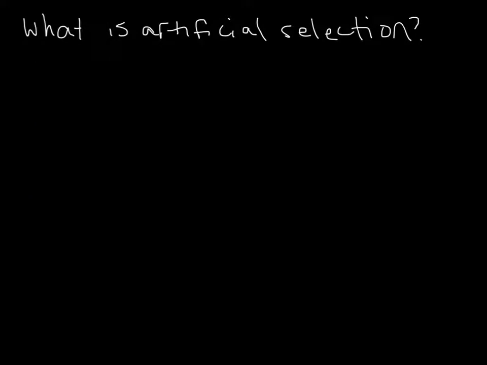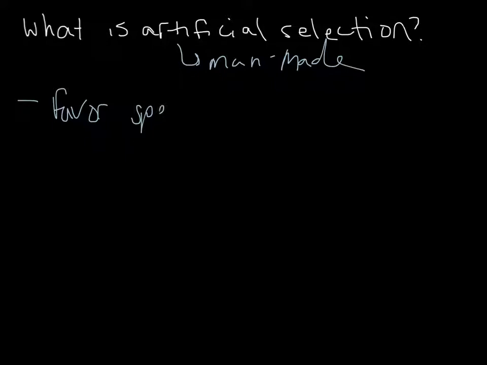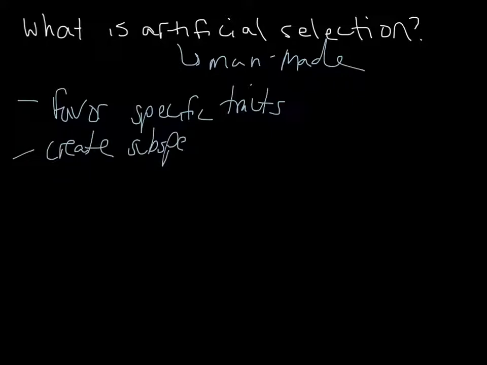So we're going to wrap this up with some reminders about reproduction. What is artificial selection? Artificial means man-made, so this is man selection. This is usually done to favor specific traits beneficial to the economy, or to create subspecies.